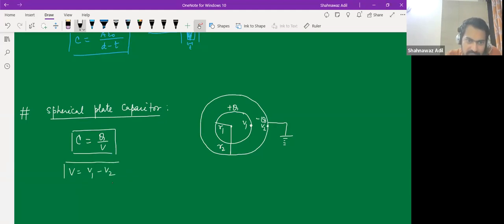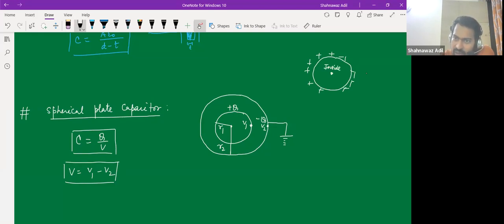Now you have to remember what we did for the hollow sphere. We had three regions: inside, surface, and outside, at some distance r.